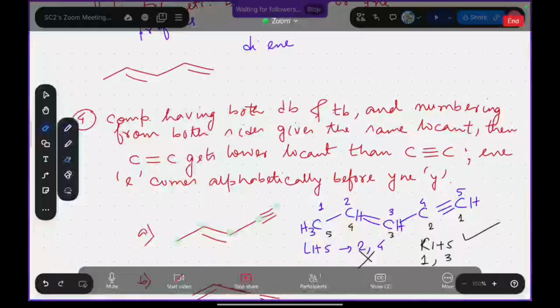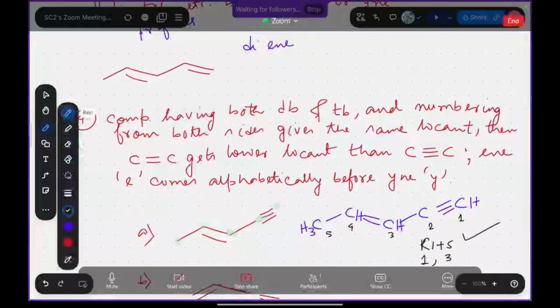So what will you do? Let's erase the left hand side numbering simply. What do you get? The IUPAC for this compound will be, we don't have any parent chain. If you don't remember, please go to my previous video. I have given you the format of how to write the IUPAC name of any organic compound. So what is the first thing?